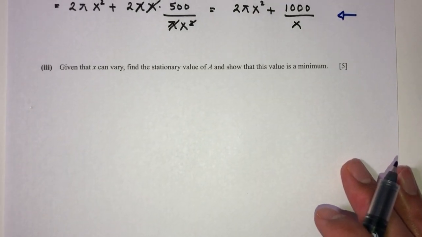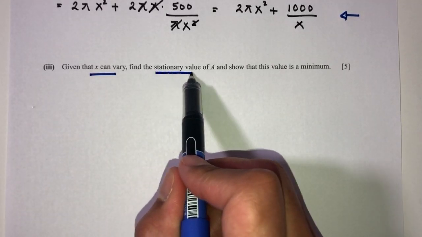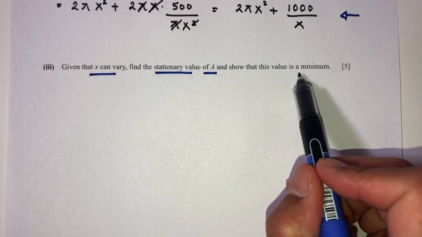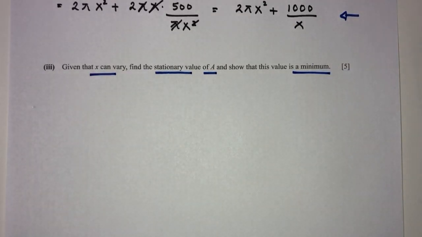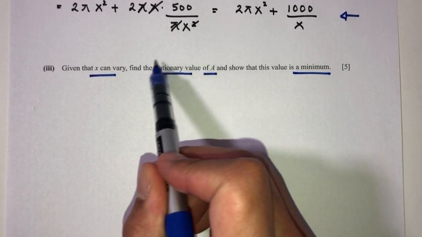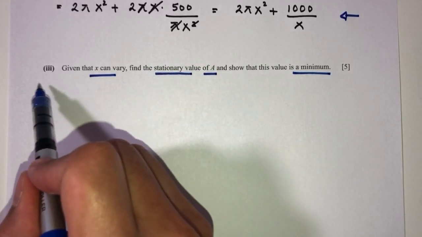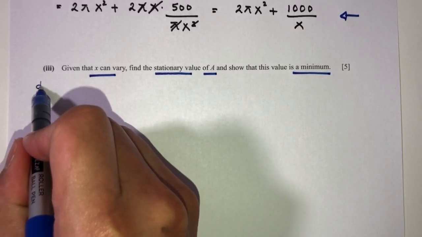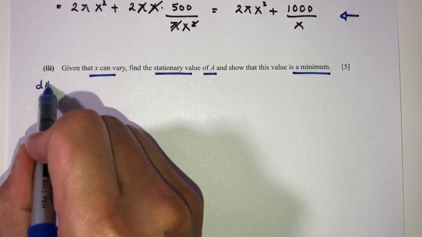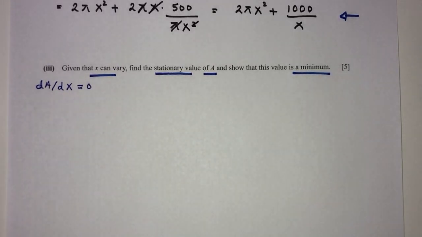Now for part 3, given that x can vary, you have to find the stationary value of A and show that this value is a minimum value. So you have to know this. Whenever you see this kind of question, when does this happen? We know that this is true when dA by dx has to be 0.